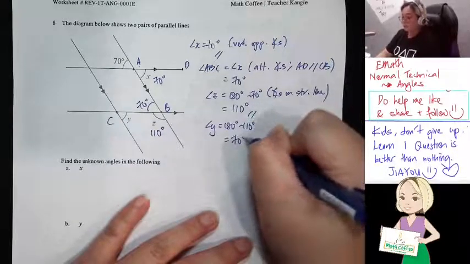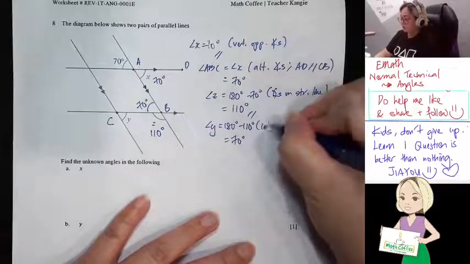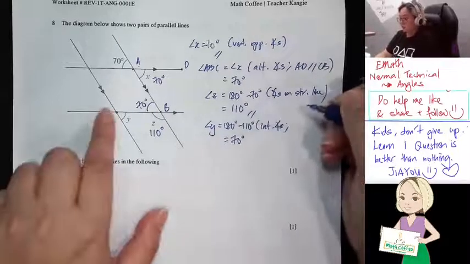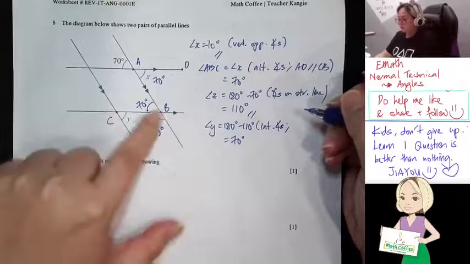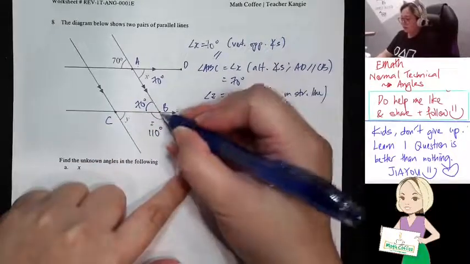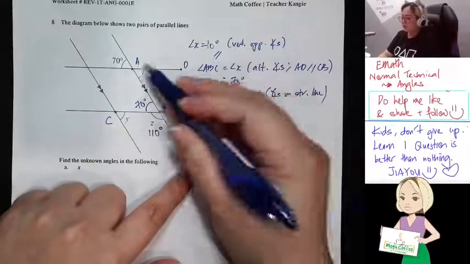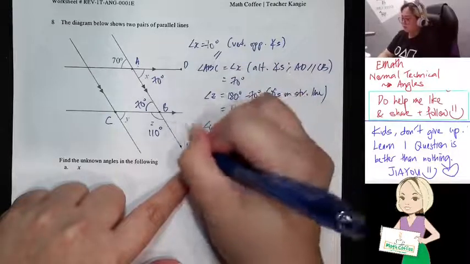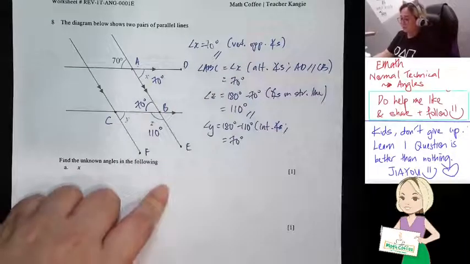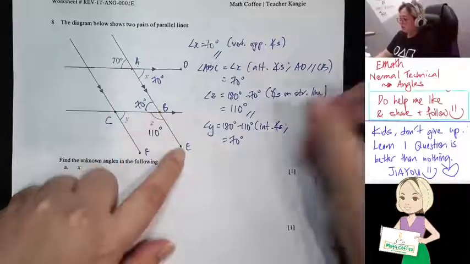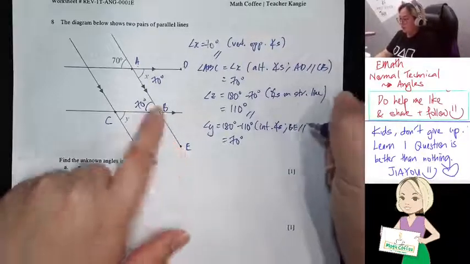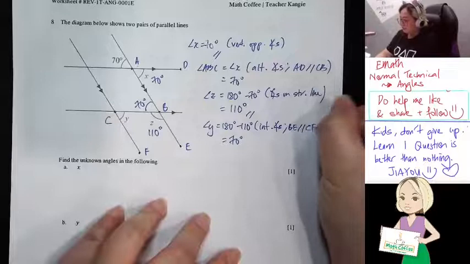That gives us 70 degrees. And the reason is interior angles, which are these two. So I have to state the parallel lines. Just now I used A, B, C, D already, so I can label this as E, and this as F. So this will be because BE is parallel with CF. Done.